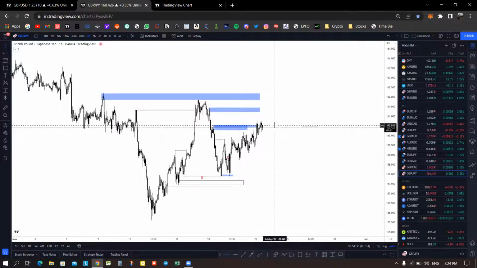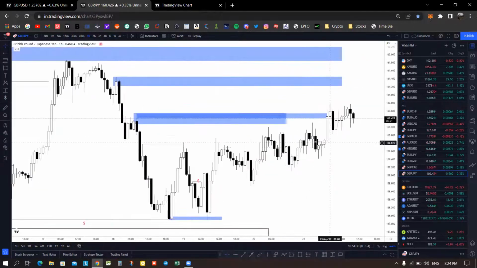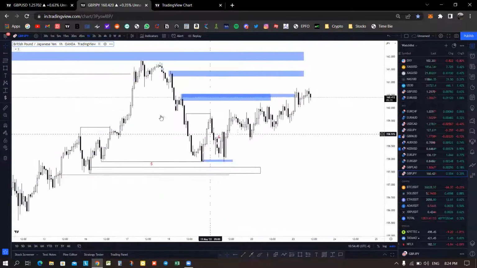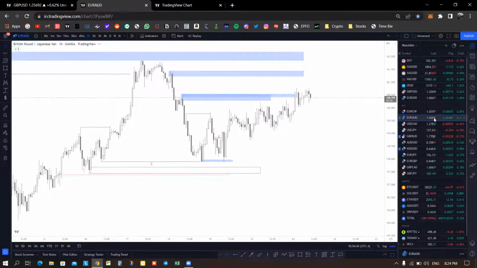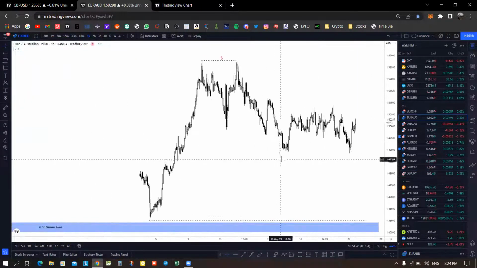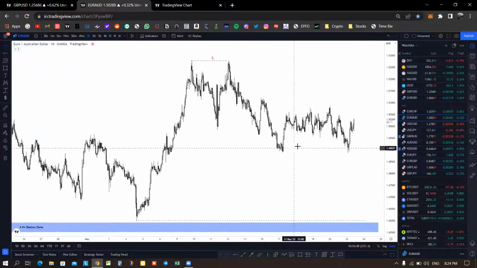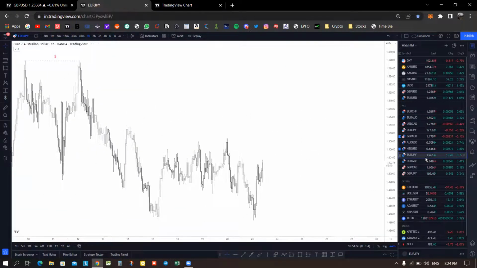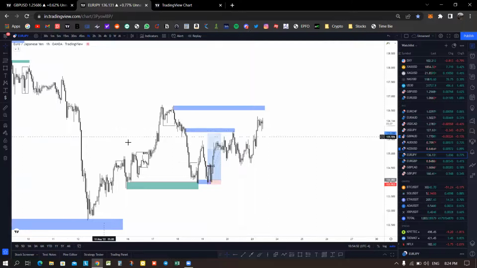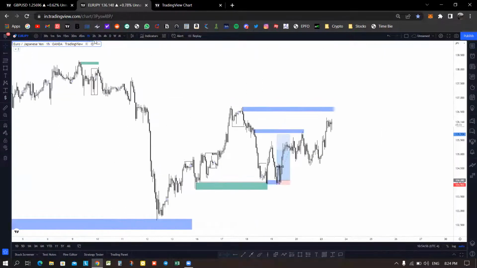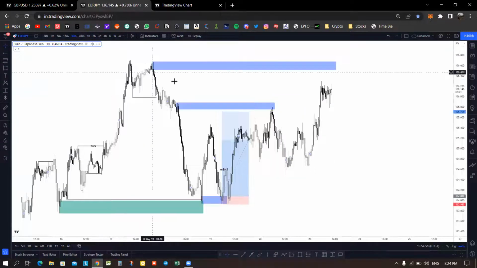Let me see something on USD CAD. This was a good example here.